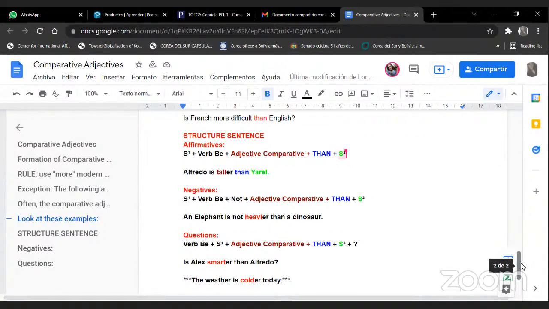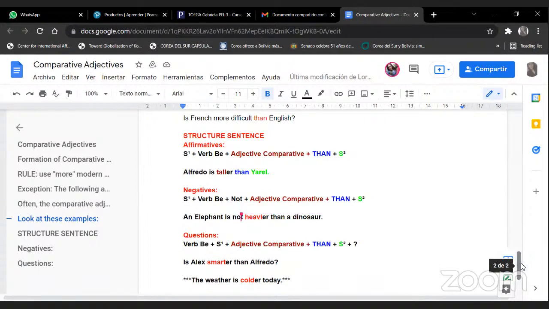For example, in affirmative, we can say, Alfredo is taller than Jariel, okay? So, taller than Jariel. What about negative? When we talk about negative, we only have to add not after the verb to be.